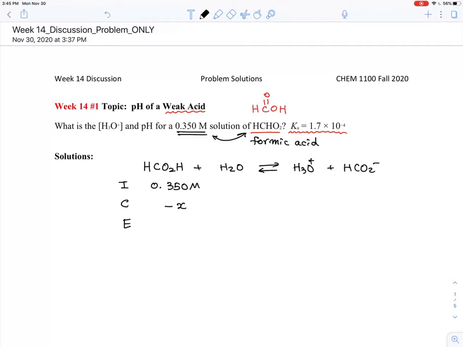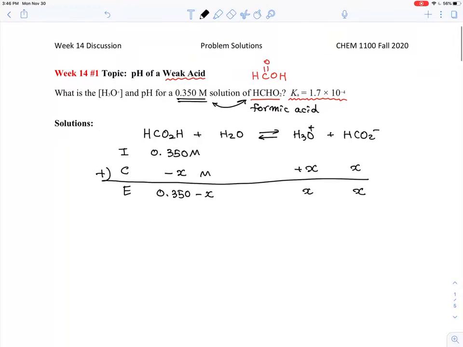A small amount will be dissociated, and they produce X molar concentration of H plus and also X of the conjugate formic acid ion. If you add them together, you will see 0.350 minus X, and X, and X.